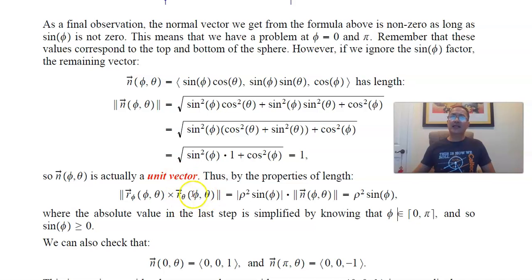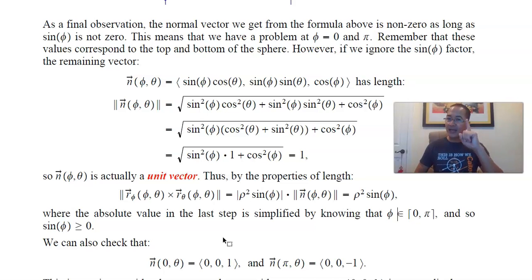So this cross product is actually 0 at two points on the sphere. Not gonna lie to you, the sphere is technically not smooth. It sounds weird, right? The sphere is perfectly smooth everywhere, like a crystal ball. But it's the parametrization which is not smooth at two points, when phi is 0 and when phi is pi.